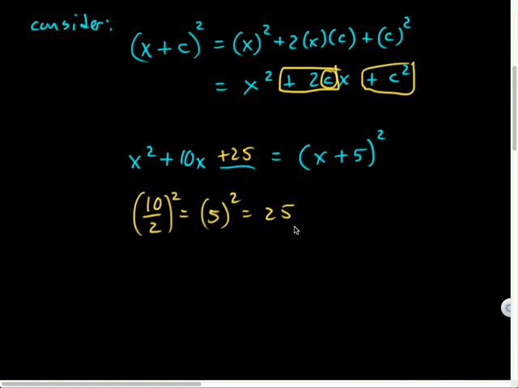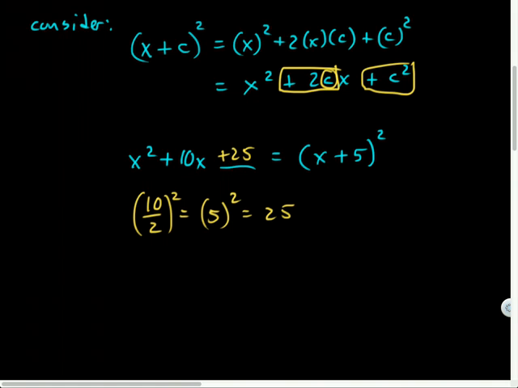And that process is what we consider the completing the square process, where I'm trying to find out what could I do to this to give me a perfect square trinomial. What would complete this perfect square trinomial?